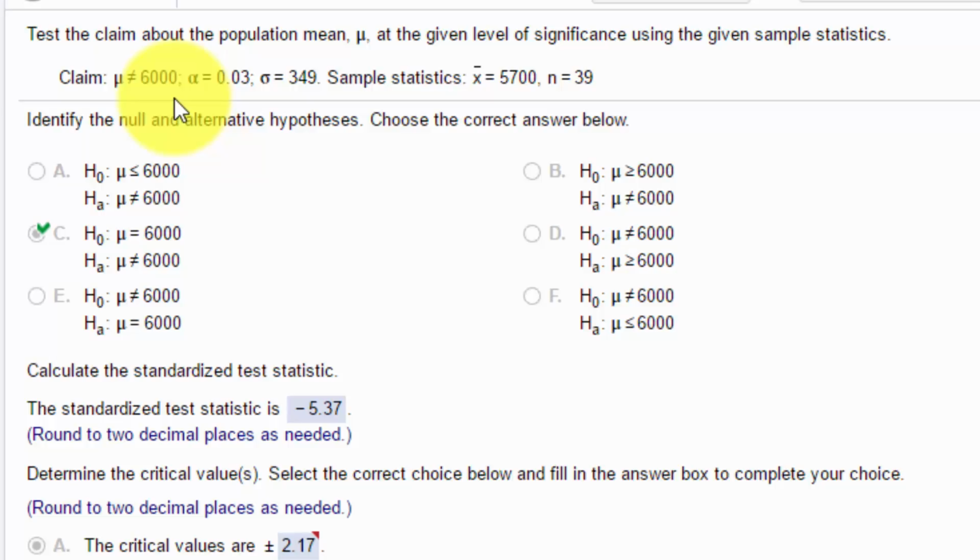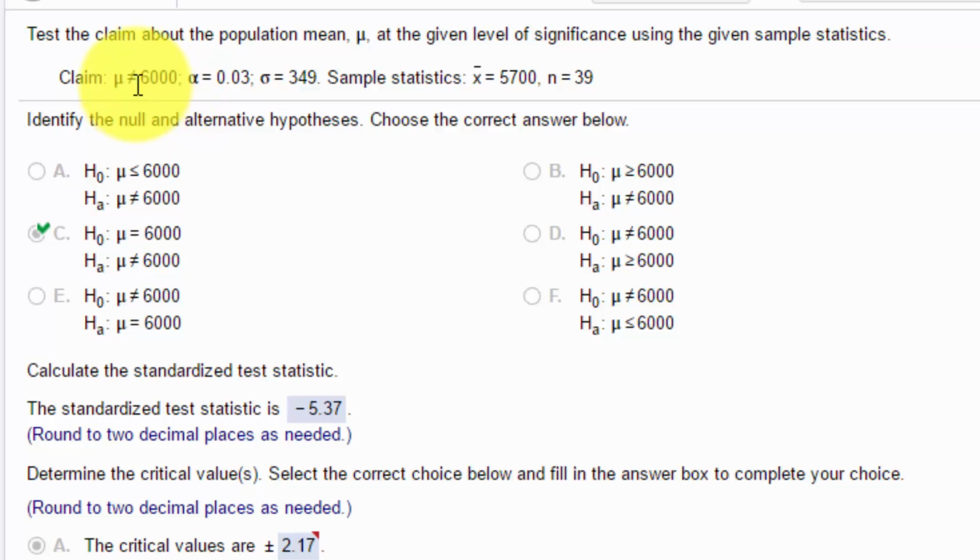Okay, let's focus on that for a second. We have to first identify the null and the alternative. Remember, you should use those graphics that I posted in the course, the tables that show you how to convert words into formulas. In this case, we're given the claim.